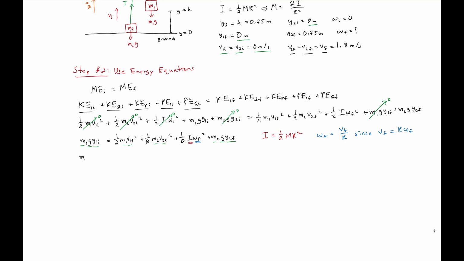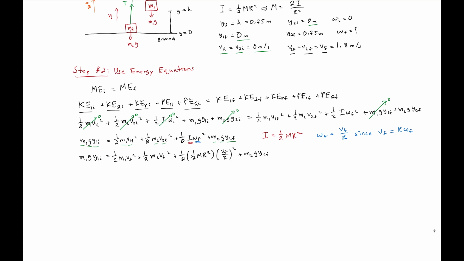So m1 g y1i is equal to 1/2 m1, let's simplify v1f by just calling it vf. Same with v2f, it's also vf, plus 1/2 I, where I is 1/2 M r squared, and omega f is vf over r squared, plus m2 g y2f.